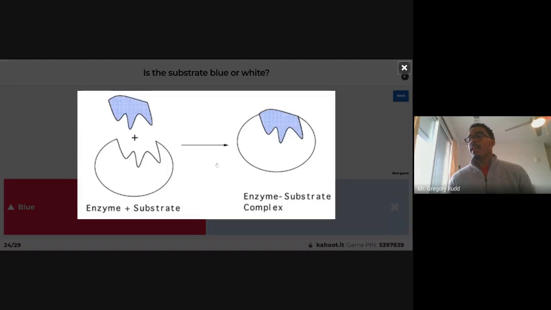Now, you could probably make a case that either one could be the enzyme, but typically the substrate is going to fit into the enzyme's active site. So the enzyme in this case is white and the substrate is blue.